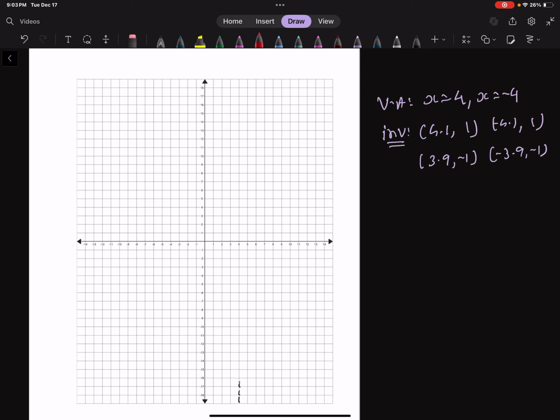We can use a different color pen. This is your vertical asymptote for positive 4. Negative 4. Then the horizontal asymptote.